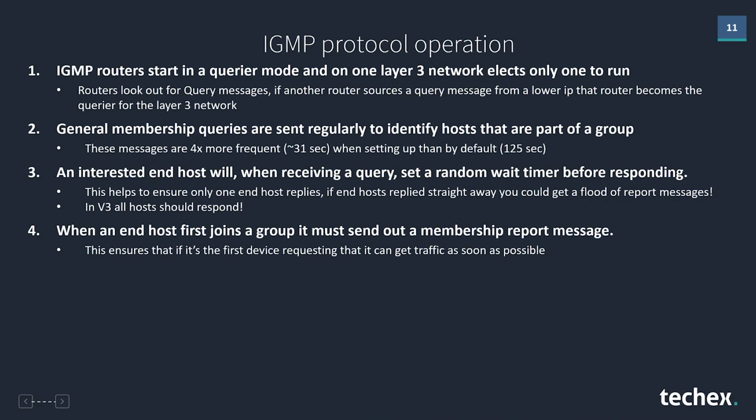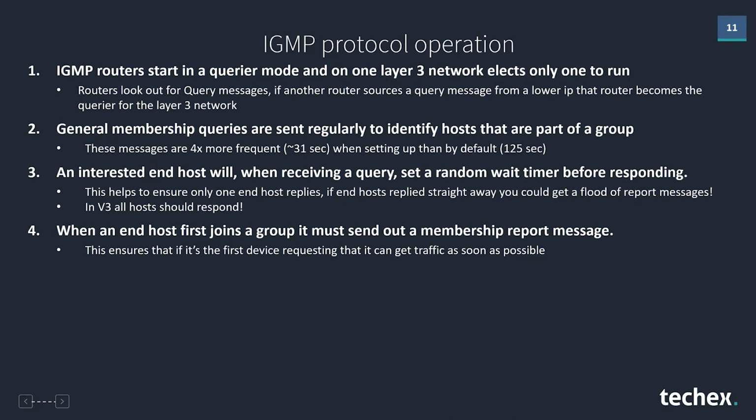Now, when an end host first joins a group, so you've got, let's say, 5 devices that have already been on the network, already been part of the multicast group, another device comes online. It will then join the group. It will try and send another IGMP report message to say, I want to be part of this group. If it doesn't do that, snooping potentially won't work.